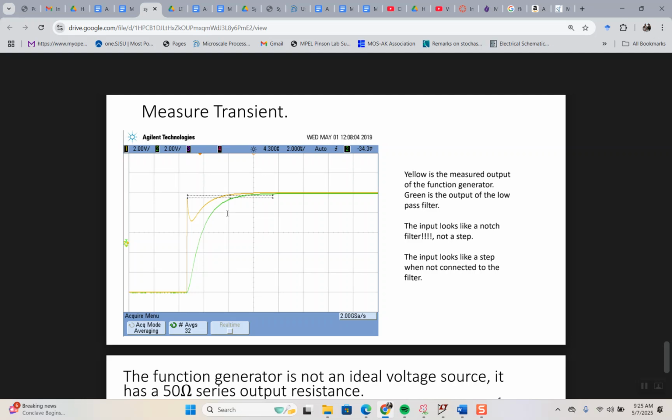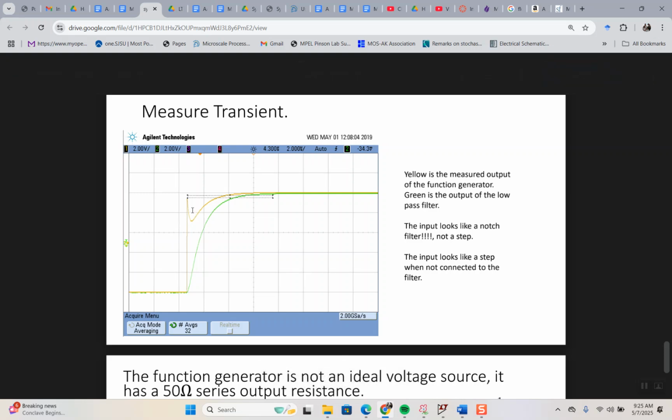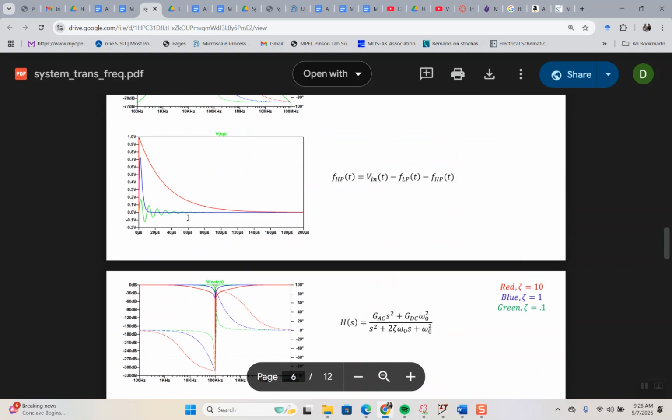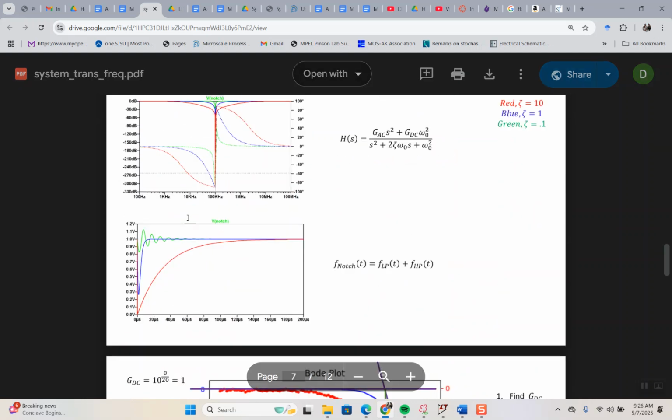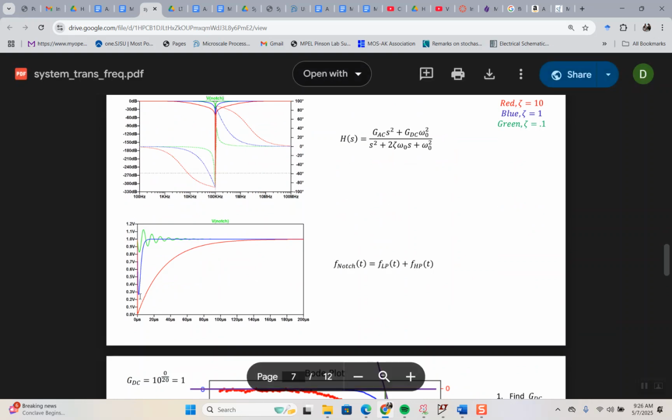So here it is on the scope. This is me behaving like a real person, and I see that input, and it's a notch filter, right? Because I should show that. Okay, do you see?